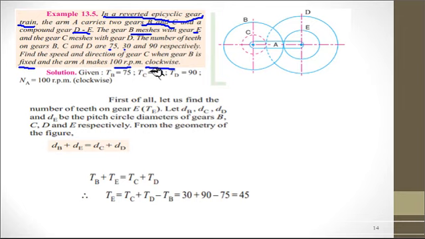Before going to solve the problem, we need to know the assumptions. Let us assume clockwise direction is considered negative and anti-clockwise is considered positive, and another thing is that gears are connected externally.